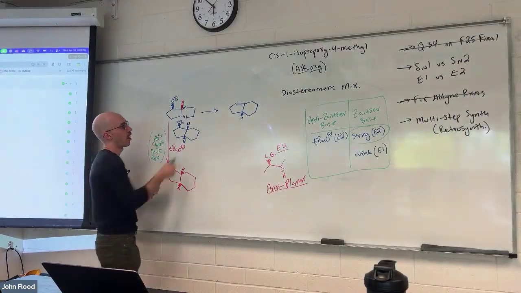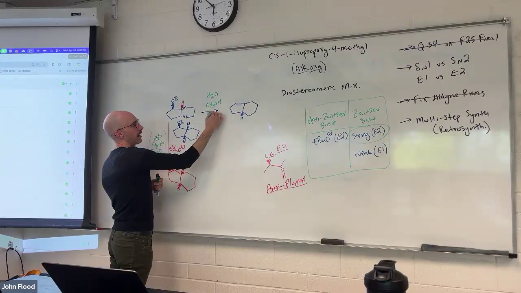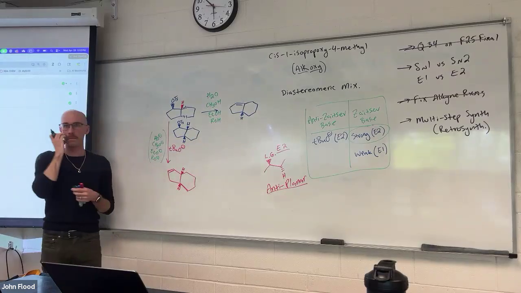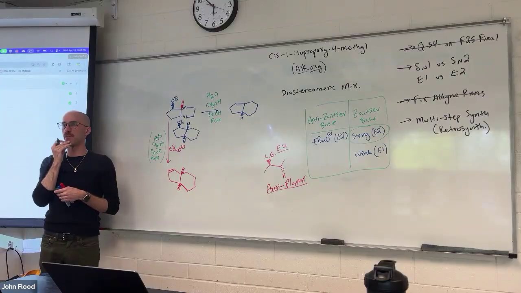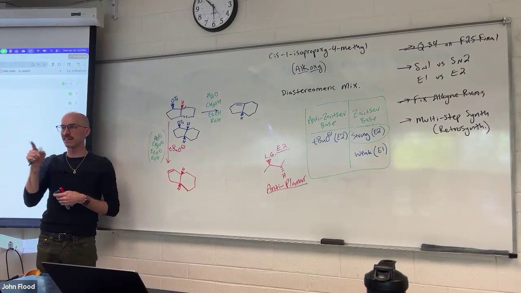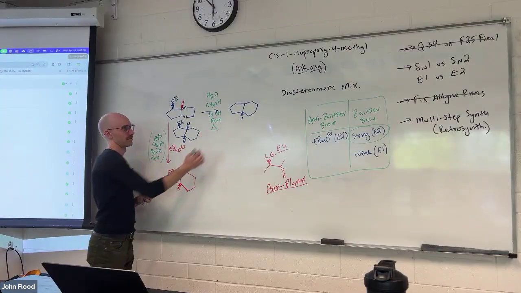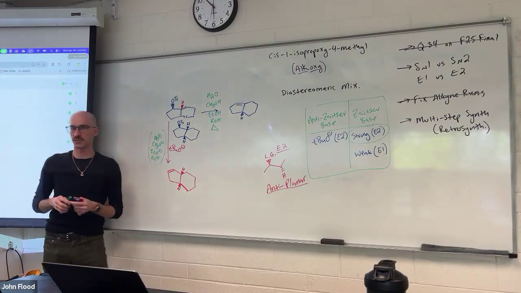I need water. I need methanol. I need ethanol. I need some type of weak base, some alcohol. And for those that are thinking it, yes, also heat to promote elimination so that we don't do substitution.